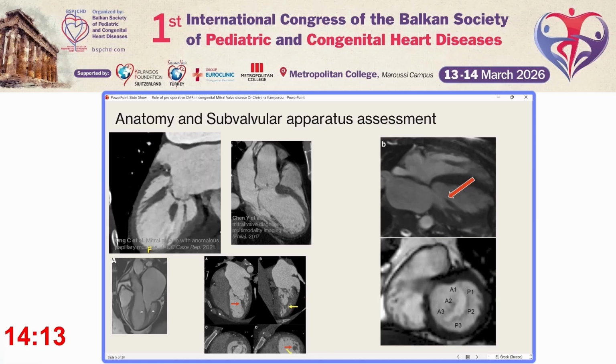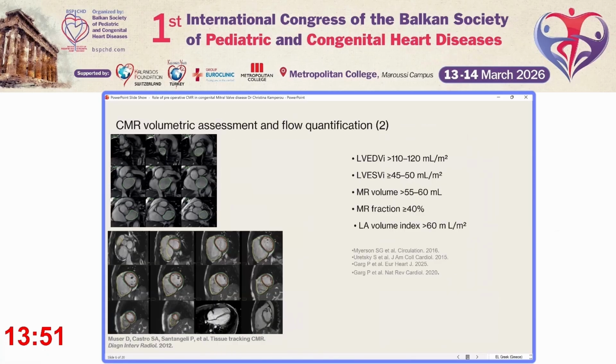By providing unrestricted imaging planes and three-dimensional visualization of the entire subvalvular apparatus, it allows precise morphological characterization and contributes to modern surgical planning, which increasingly relies on detailed preoperative anatomical definition, with the goal of preserving the native mitral valve whenever possible.